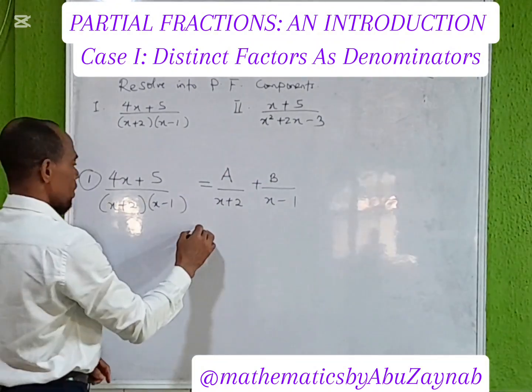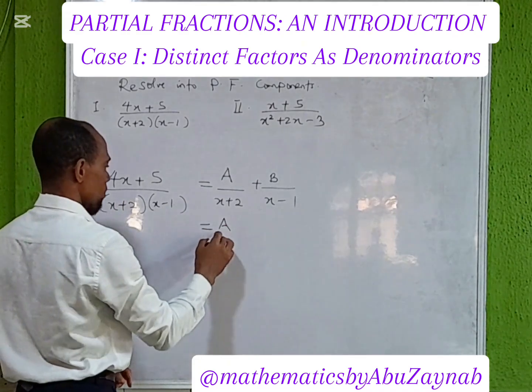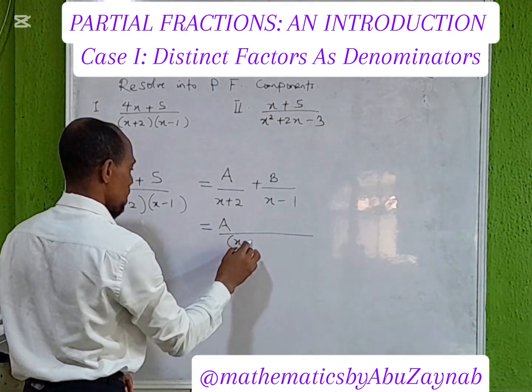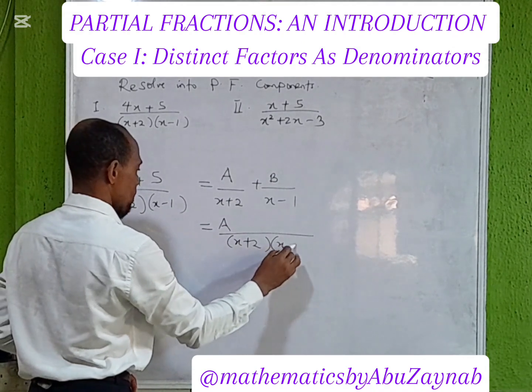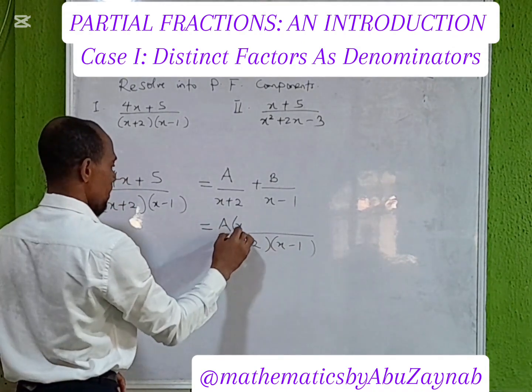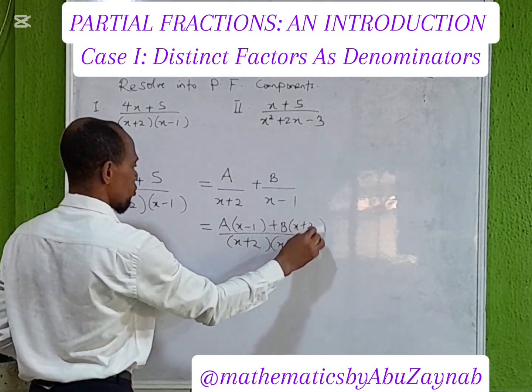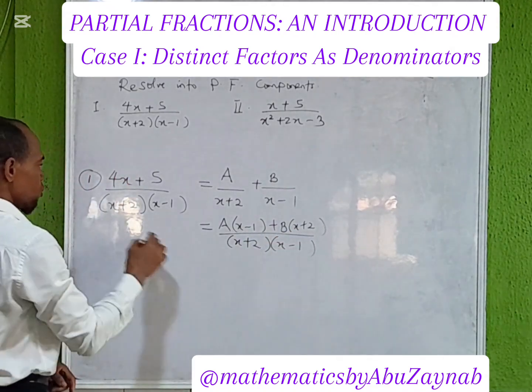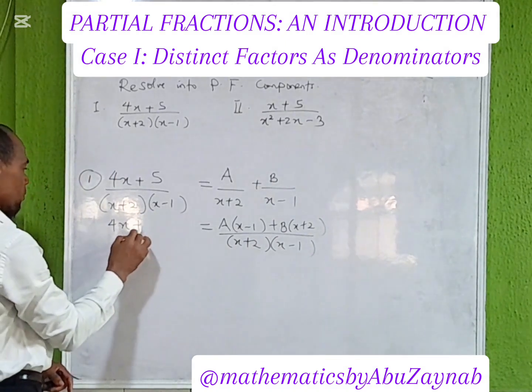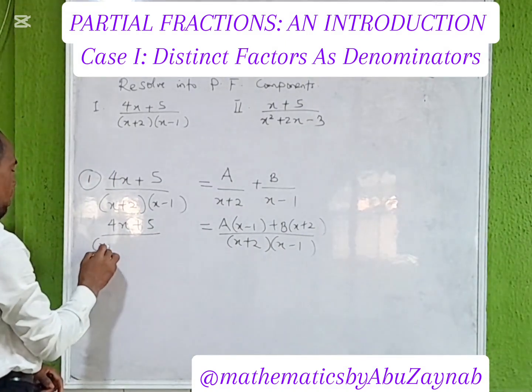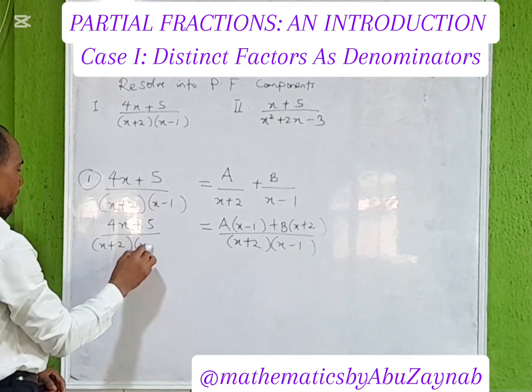So in this case, we just have to simplify this with the LCM, of course, x plus 2, x minus 1, and that gives us A, x minus 1 plus B, x plus 2, which is equal to 4x plus 5 over x plus 2, x minus 1.